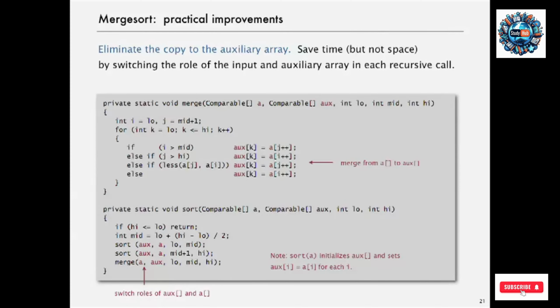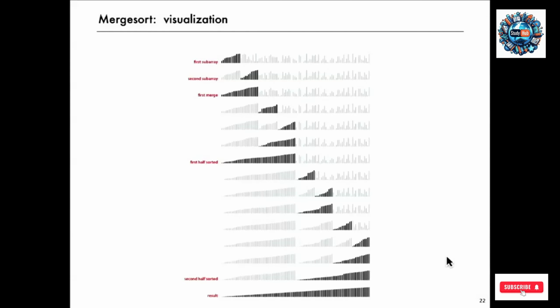You still need that array, but you can set up the code so that to sort an array, you put the result in the other one. To merge an array, you put the result back in the first one. So it's a recursive argument switchery to get the job done. And it's effective. It means you don't have to actually move items, and that saves a little bit of time.